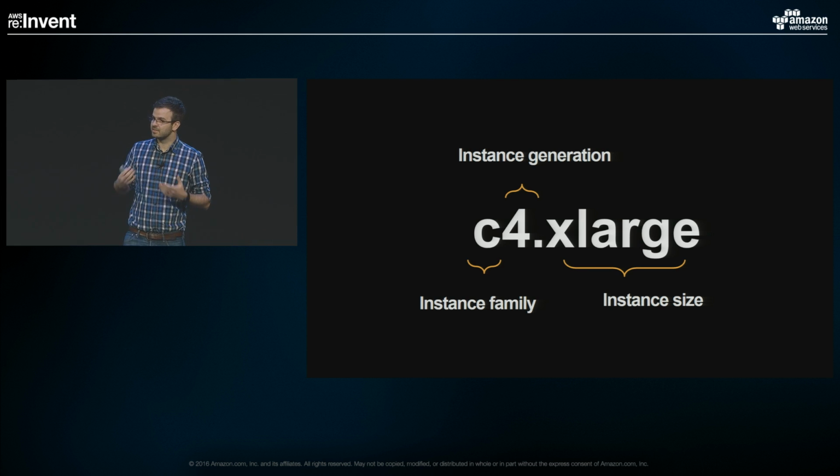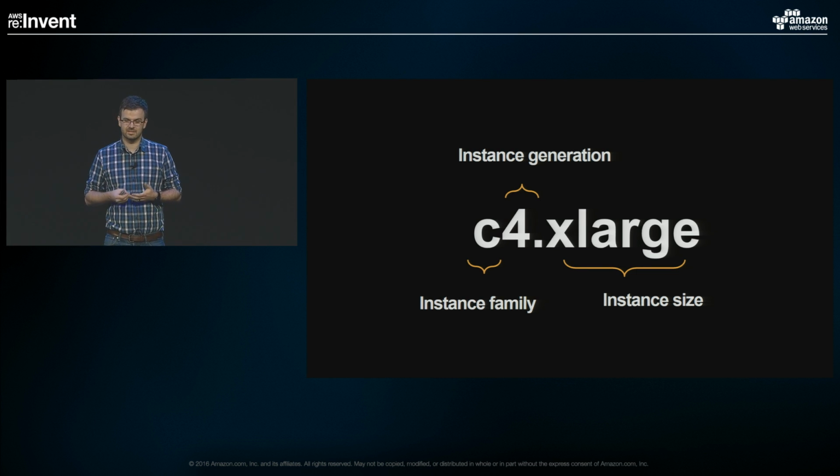Now, before we dive into the instances and dive into the tuning aspects, I want to be sure that we're starting with a common language. So here you can see the name of an instance. It's the C4 extra large. And the C in C4 is the instance family. Now, the family stands for what the instance is best suited for or what resources it has.